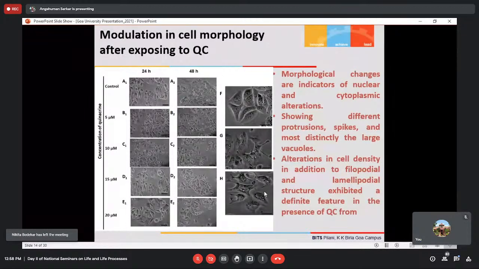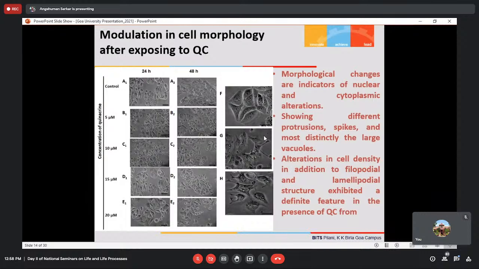And these are all the things that happen once a cancer cell, particularly MCF7 breast cancer cells, is exposed to quinacrine. Here, I'd like to also mention that there are particular proteins known as small GTPases, like RAC, Rho, CDC42. They regulate the cell morphology, and cell morphology is one of the very important phenomena in cancer biology.